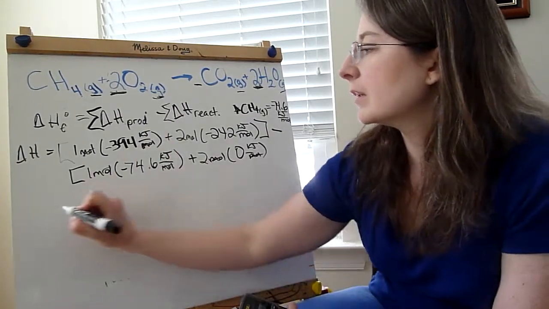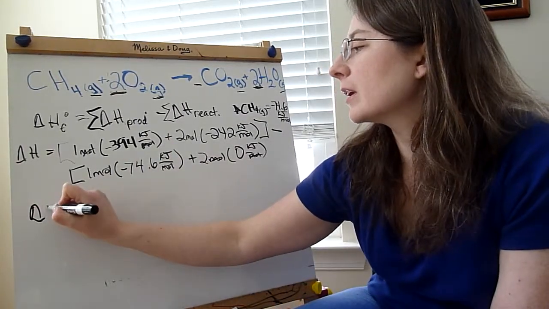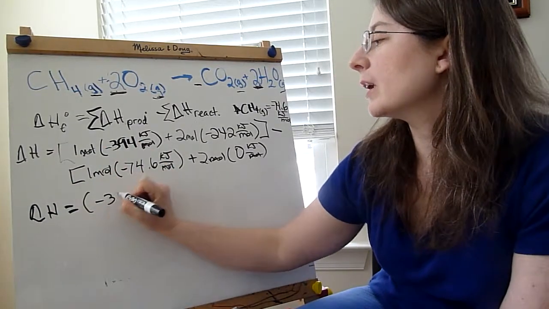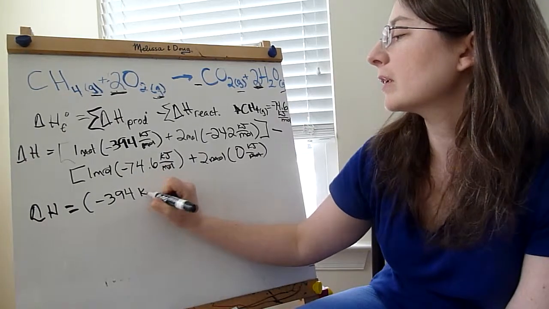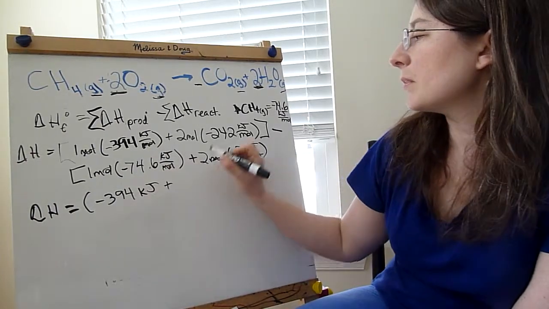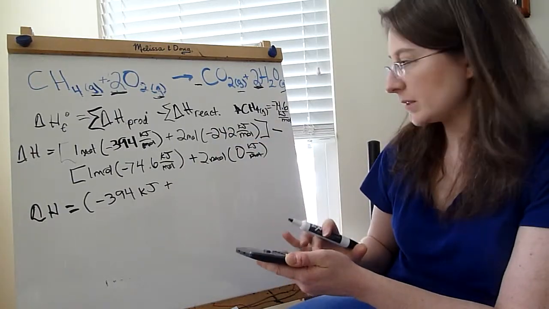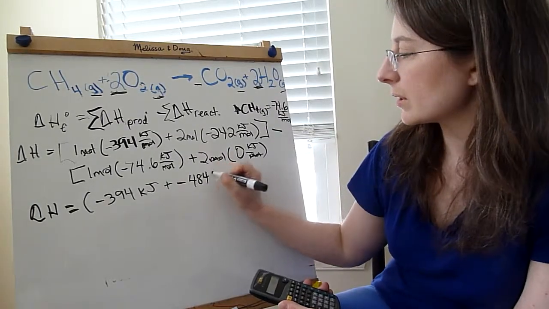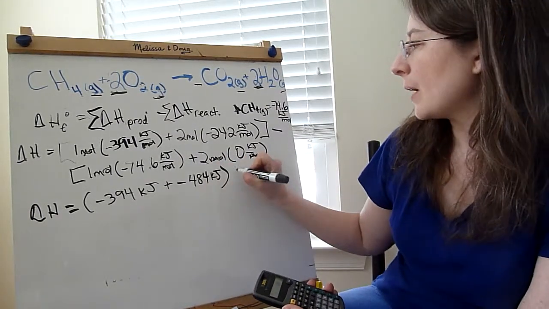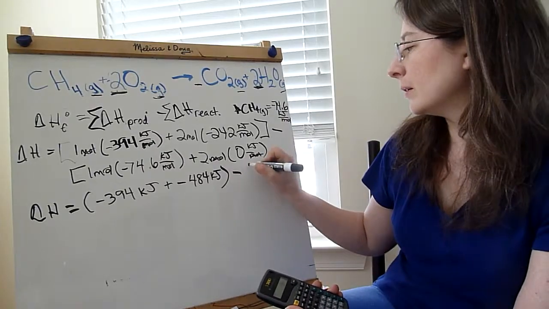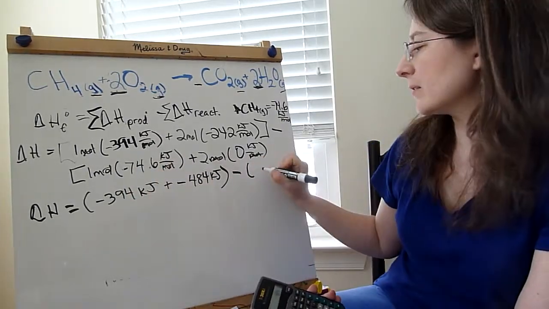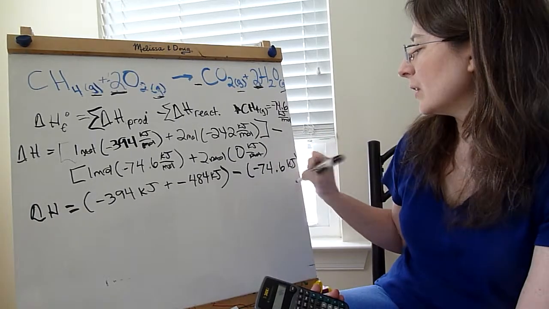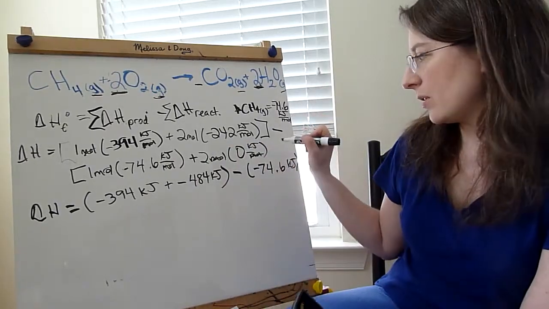So, let's see. According to Hess's law, 1 mole times negative 394 kilojoules per mole will be negative 394 kilojoules, plus 2 times negative 242, and of course that'll be negative 484 kilojoules, and then minus 1 times negative 74.6, which is just going to be negative 74.6 kilojoules, and of course the 0 will just be 0 there.